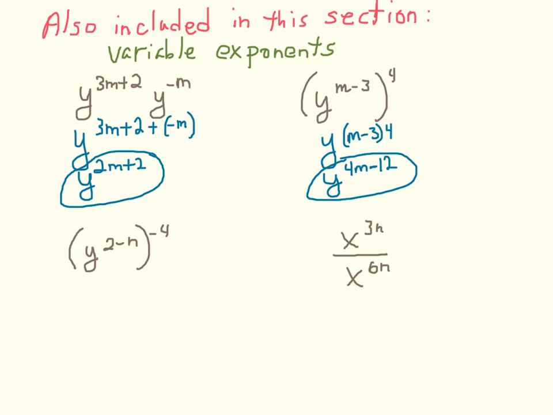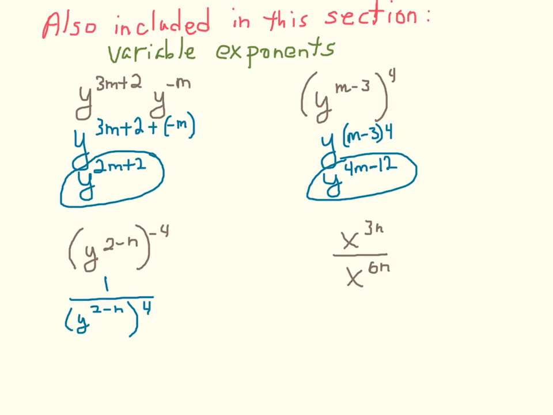Same thing this next example, although one thing I can do here is use the negative exponents property. Before I do distribution, I'm not going to change the signs of things in the denominator, in the parentheses, but I am going to change the sign of the exponent outside the parentheses, since I want 1 over that amount.